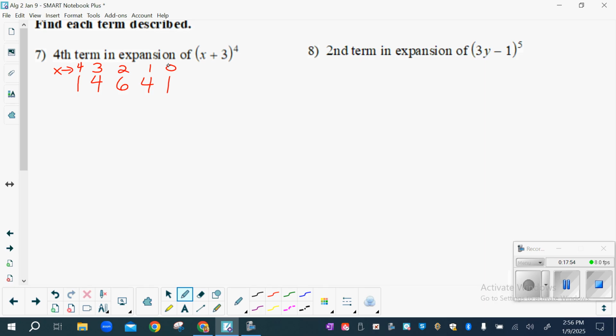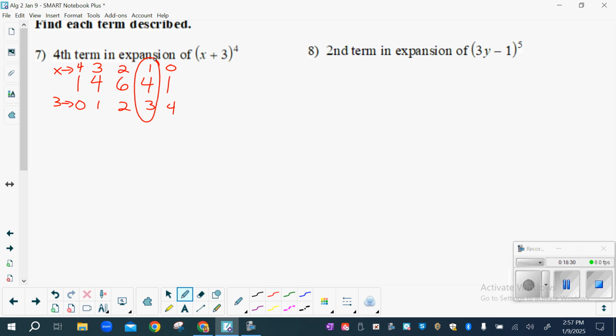Now we're going to take the 3, and the 3 exponent is going to start with what exponent? 0. And then it's going to go up. So 0, 1, 2, 3, 4. Do you want me to repeat that? Okay, so we want to do the 4th term, 1, 2, 3, 4. So this is my 4th term.